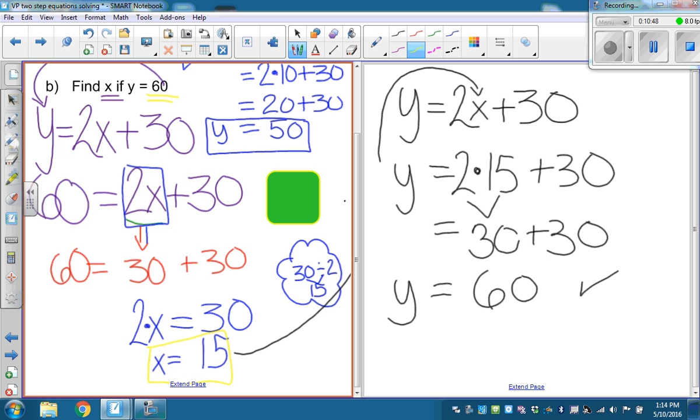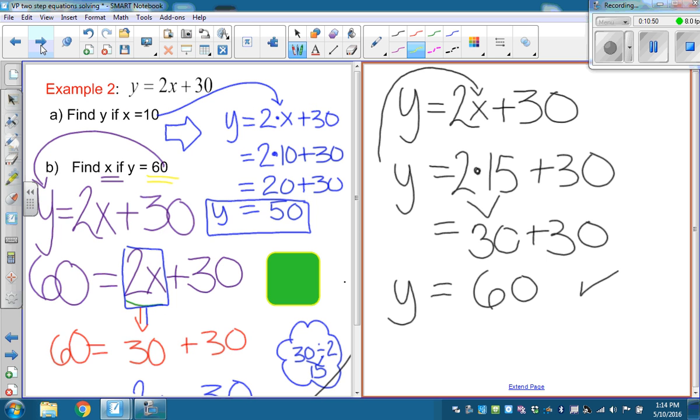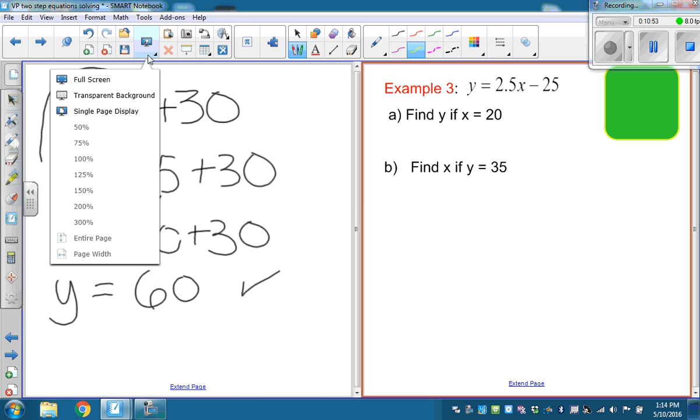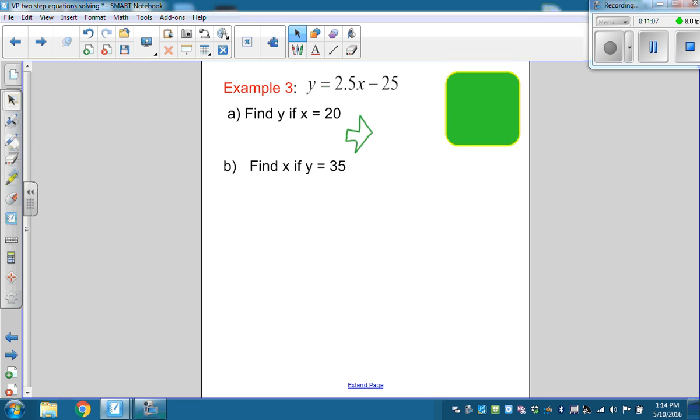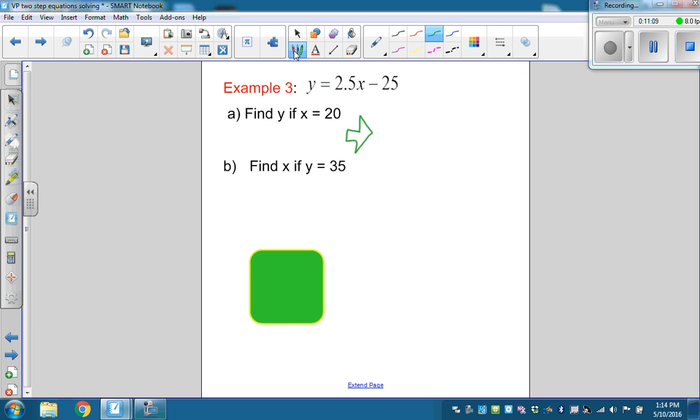I'm going to do one more example. Find y if x is equal to 20. So again, I'm going to do part A over here. Y equals 2.5 times x minus 25.